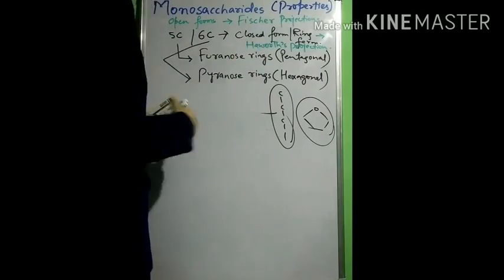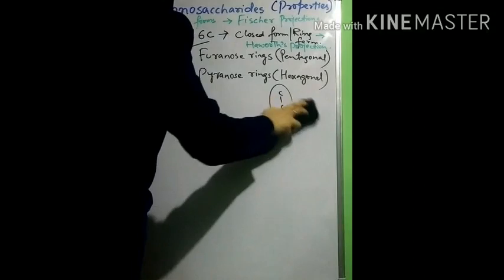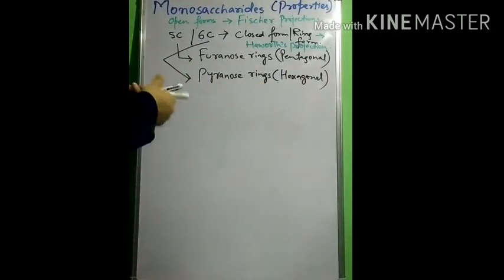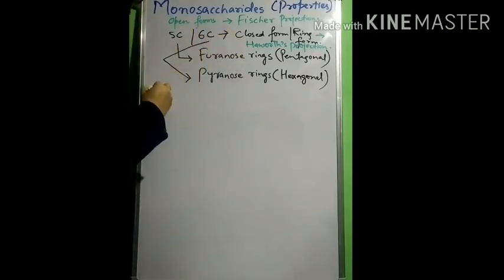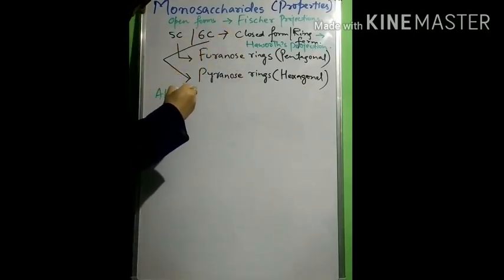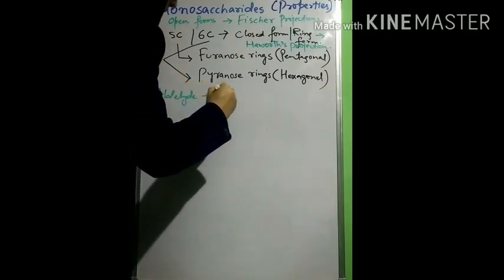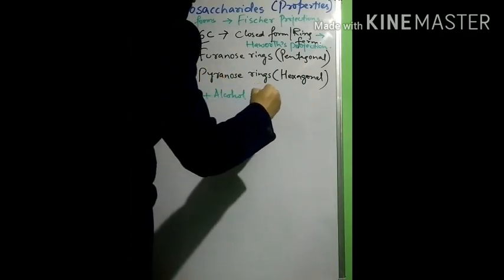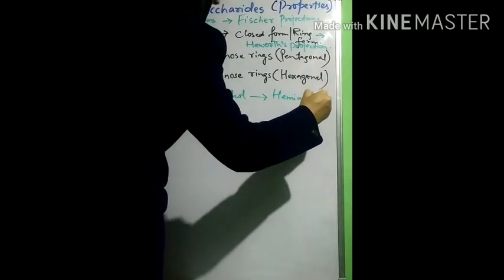Now the question arises, how are these forms produced? Let me make you understand this. For this you must have a strong hold on chemistry. In chemistry, we are taught that whenever you take an aldehyde, it reacts with alcohol, and it results in the formation of a compound which is called hemiacetal.